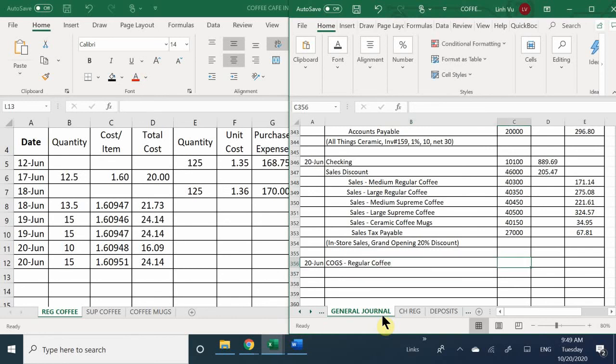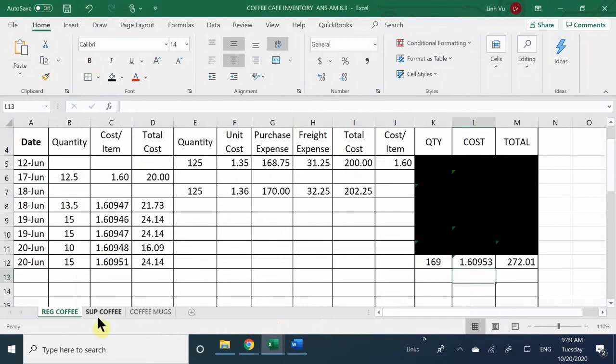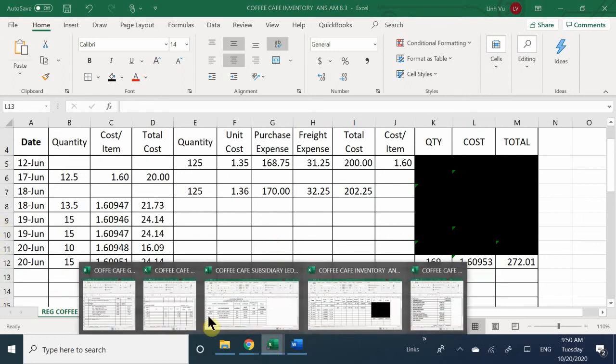All right, and for what amount was it for? For what amount was the regular coffee sold for? $24.14.